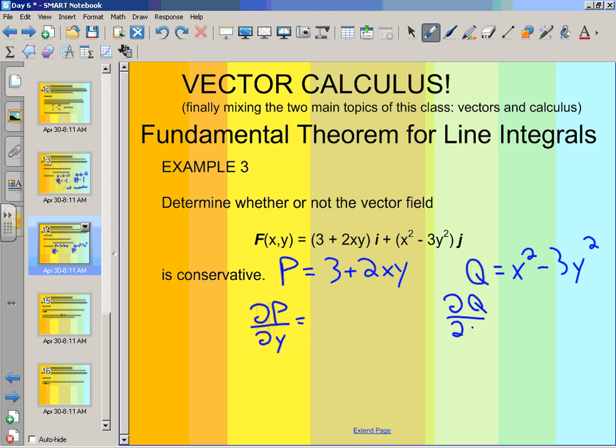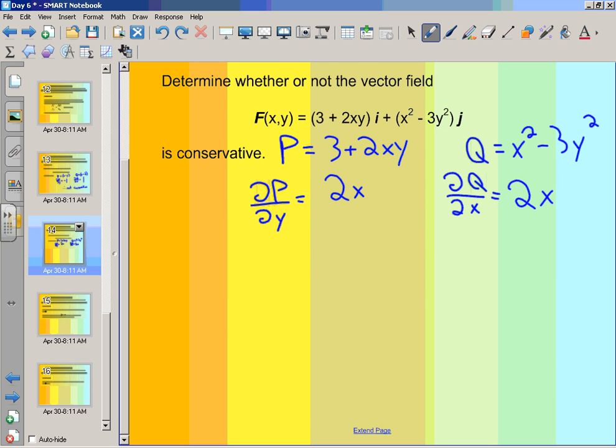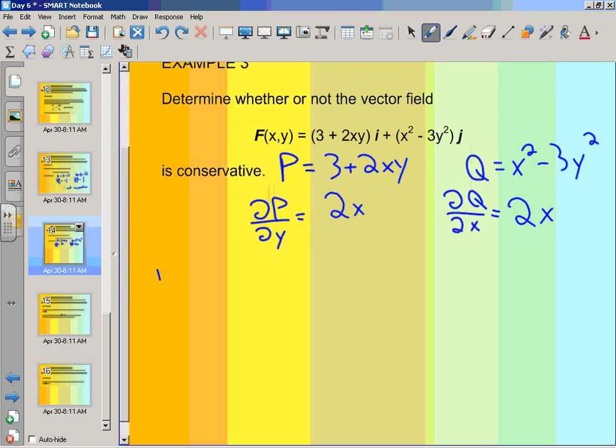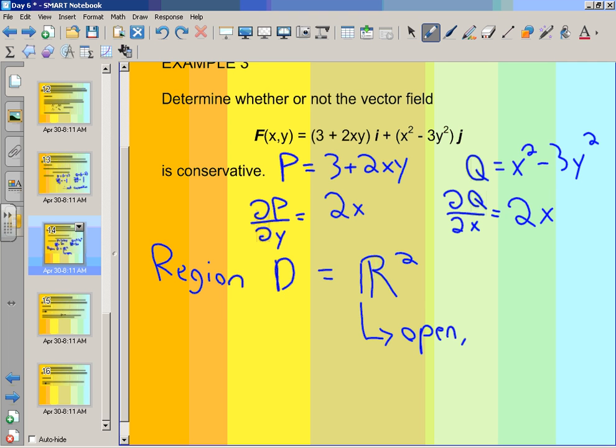So are these equal? Is this vector field going to be conservative? So this is going to be 2x, and this is going to be 2x. And the region, because this doesn't tell us what region we're talking about, the region D is going to be the entire real plane, which is open and simply connected.